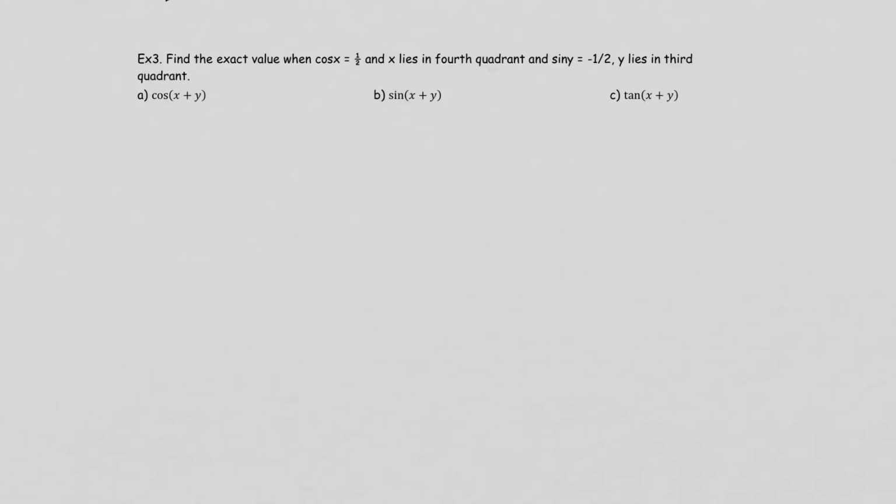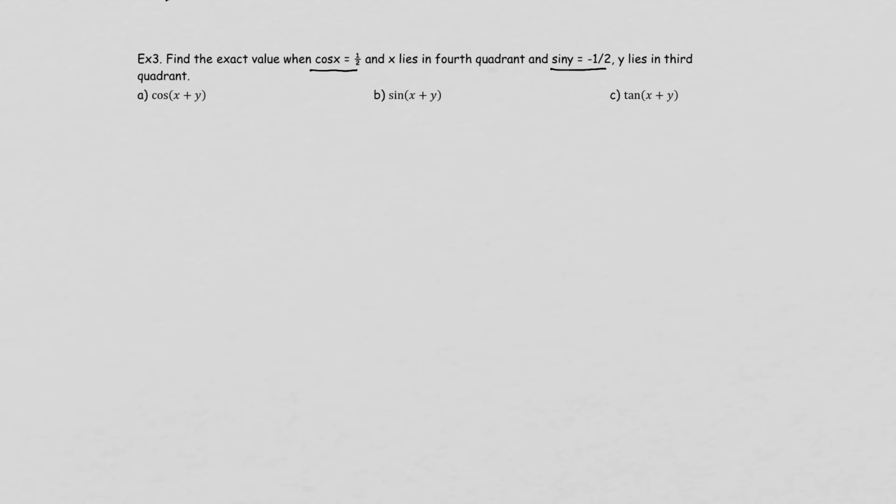Okay, example number 3. It's a find the exact value problem with cosine x given and sine y given. This time you want to find cosine, sine, and tangent. We've been doing this from example 3, but we didn't work with the tangent yet.